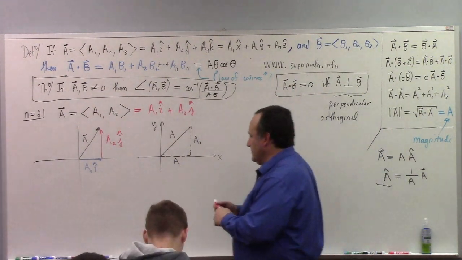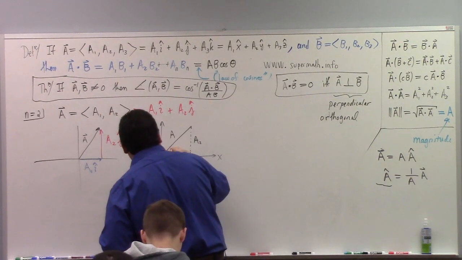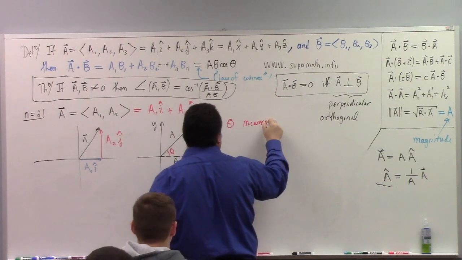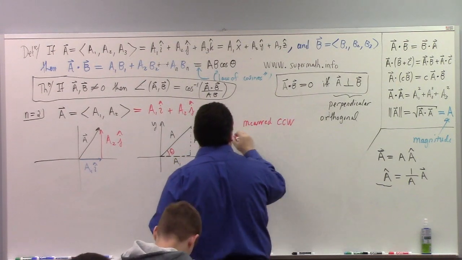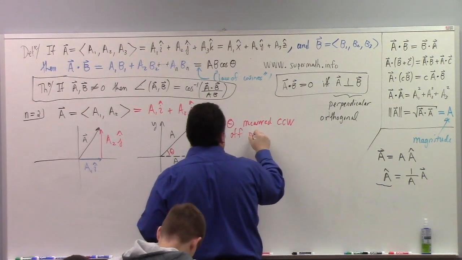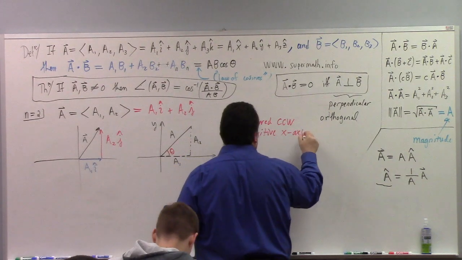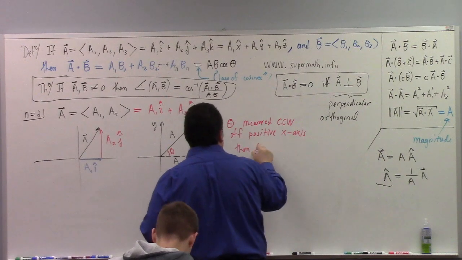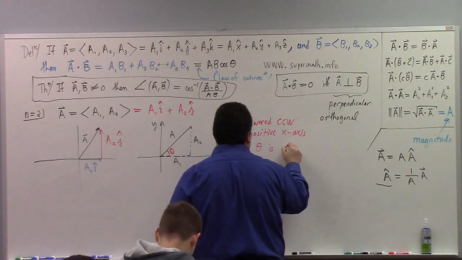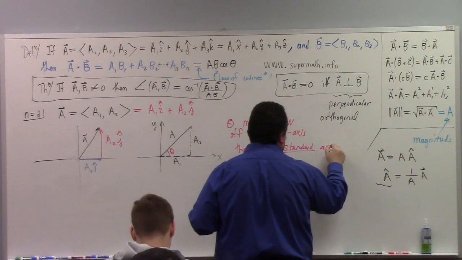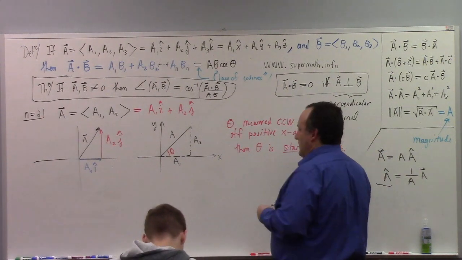But if this angle here, we define this angle theta. So theta is measured in the counterclockwise sense off the positive x-axis, right? Then theta is the so-called standard angle.